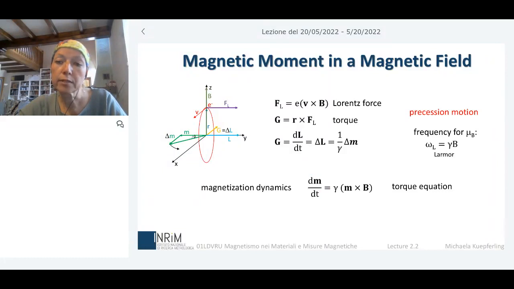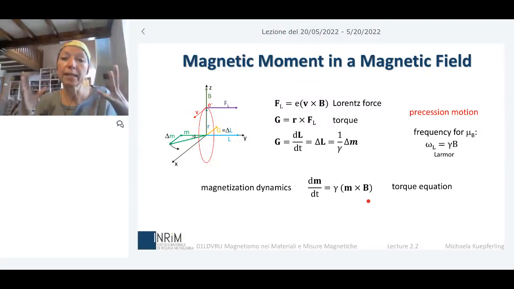Of course, now maybe you should for one moment be astonished and say, okay, but isn't it that if I have a magnetic field and I bring a magnetic moment in this magnetic field, that this magnetic moment will align to this magnetic field? This is something that we observe, of course. I mean, take a compass. You have a magnetic material which represents our magnetic moment.